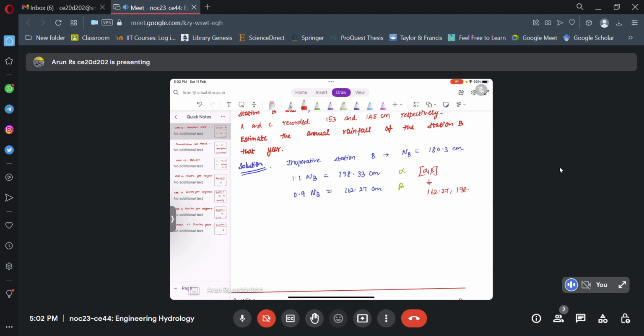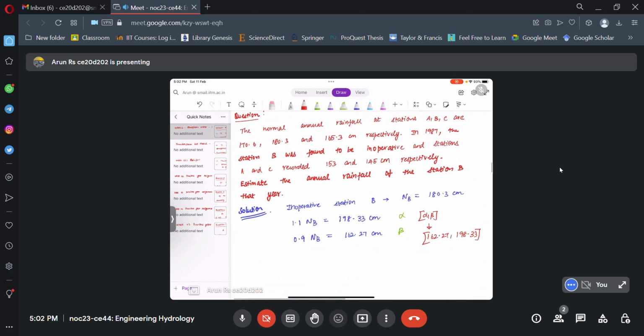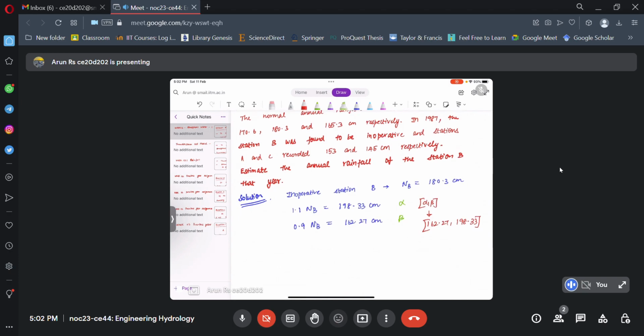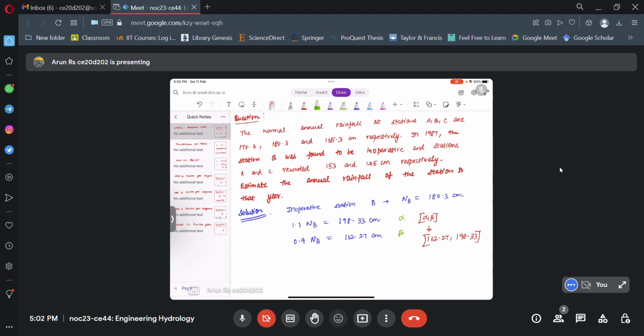So we have our alpha and our beta, and we have the range alpha comma beta: 162.27 and 198.33. From the question we can see that the normal rainfall of both the other stations, NA and NC, are within the range alpha and beta.